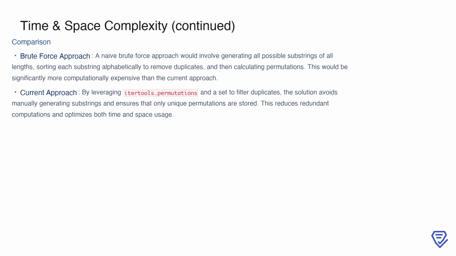By contrast, the current approach takes advantage of itertools.permutations to directly compute permutations and uses a set to automatically filter out duplicates. This reduces redundant operations and ensures that both time and space are used more efficiently. The optimization comes from bypassing the need to generate and sort substrings manually, focusing instead on directly generating unique permutations.